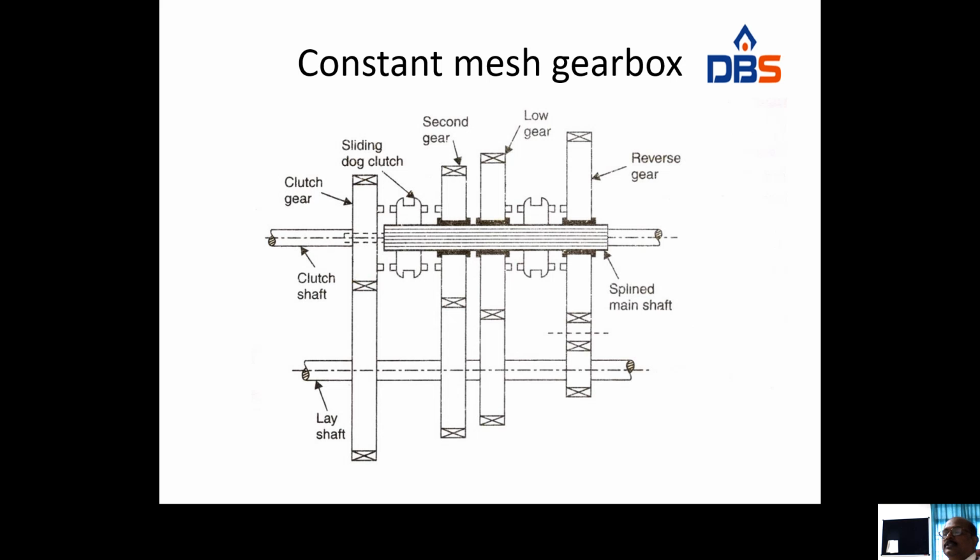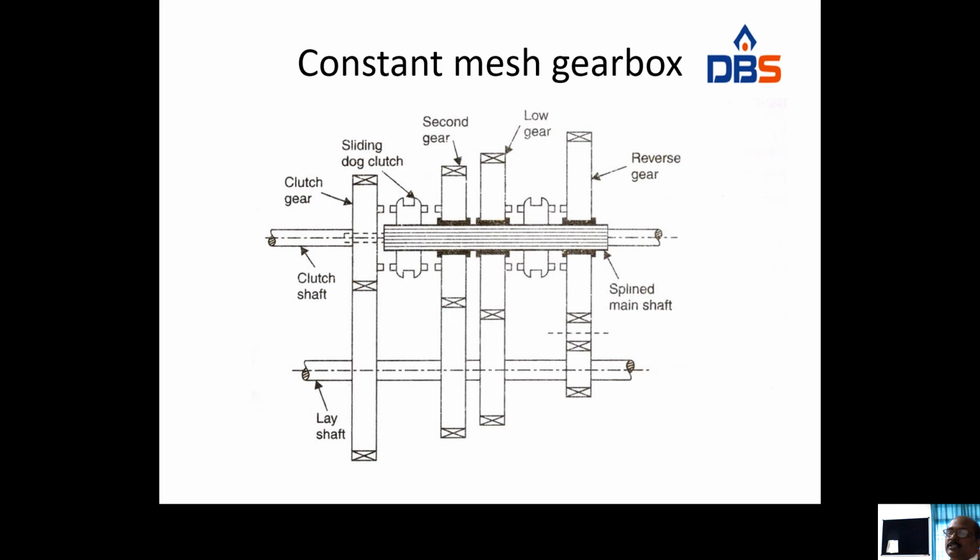Suppose you take this as the second dog clutch. If you move towards left, then the first gear will be engaged, and the corresponding speed we can set to the output shaft. Similarly, if you push the second dog clutch towards right, then reverse gear will be engaged.